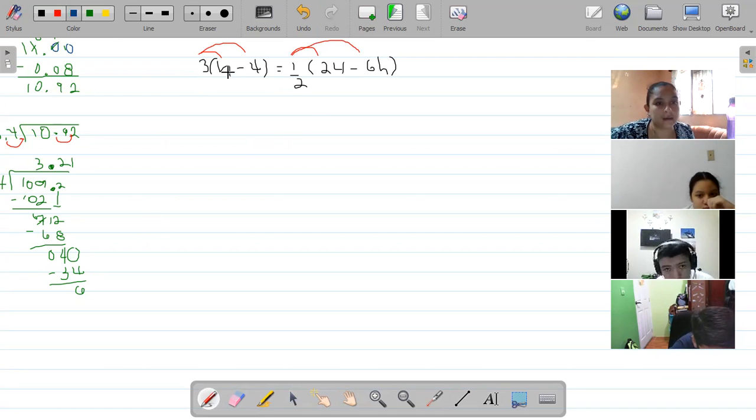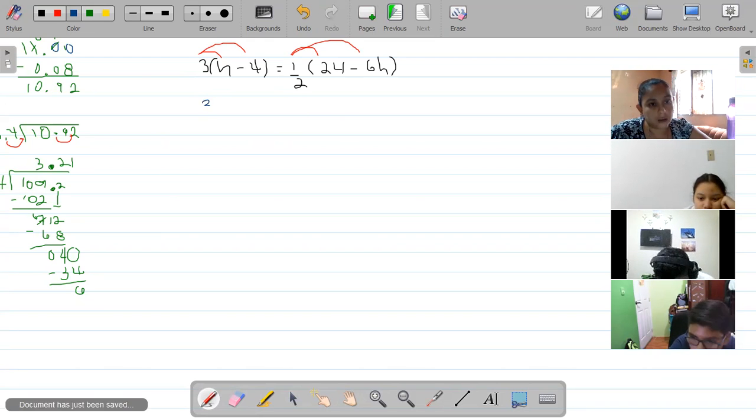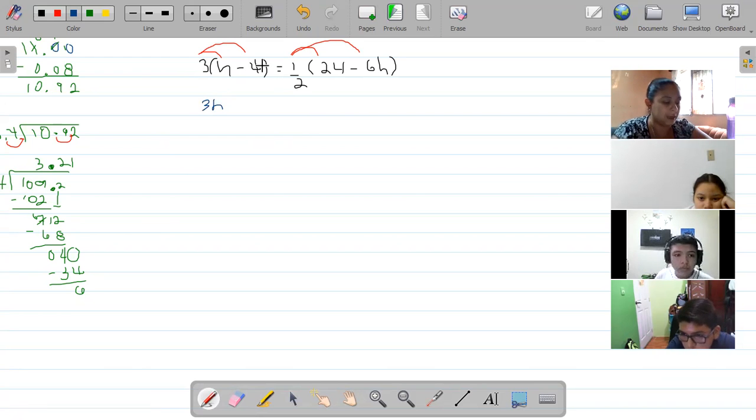So 3 times h, 3h. 3 times negative 4, negative 12, equals 1/2 times 24.